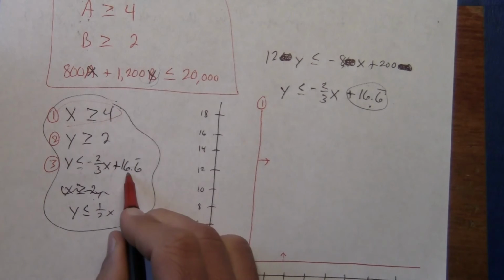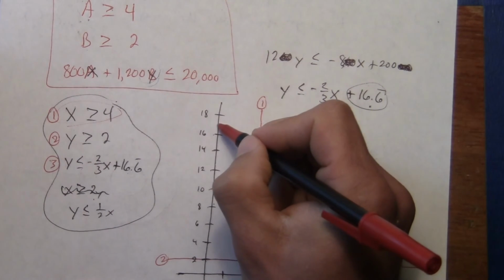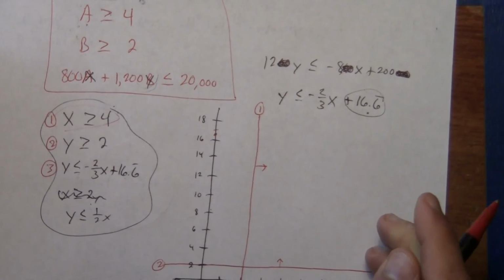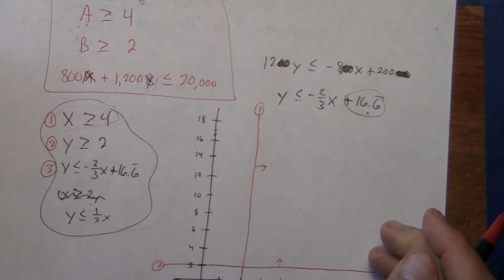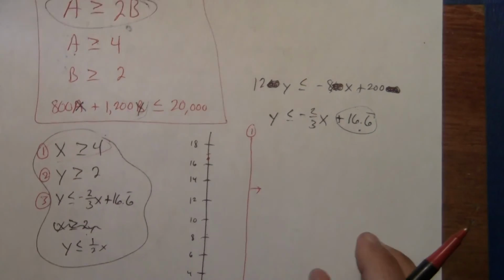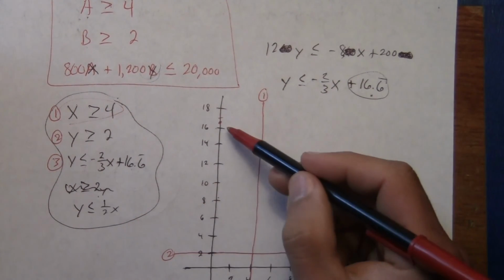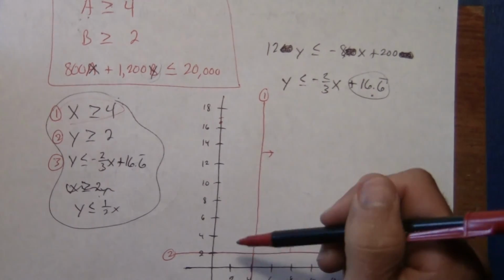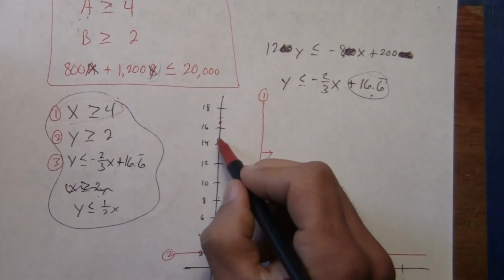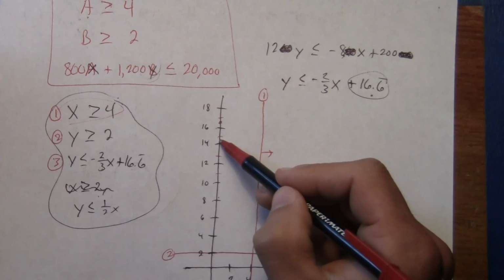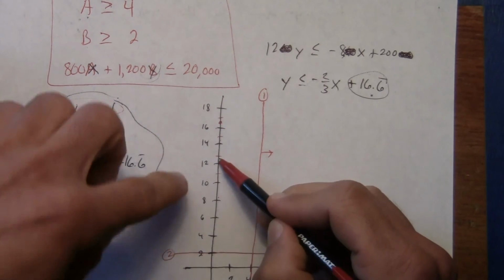Third one, y-intercept of somewhere between 16 and 17. So 17 is here, it's right around here. You notice I'm just putting it at 16 and a half. It'll be close enough. You want to try to be as accurate as you can, but in terms of that number, that'll be fine. My slope is negative 2/3. Now, even though I'm going by 2's, it doesn't matter. I just have to move tick marks. So go down. If you want to put little half tick marks in here to help you, you can. I'm going to go down 1, 2 tick marks.